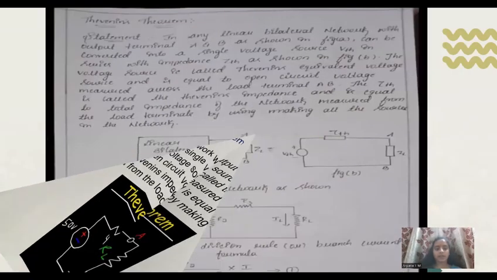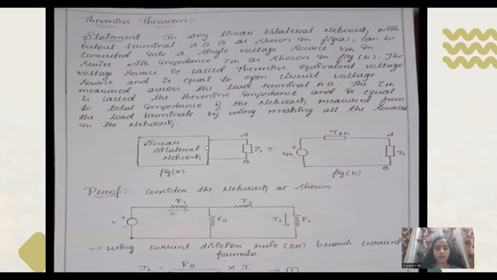As we can observe on this page, there are two figures, figure A as well as figure B. The statement represents that any bilateral network with output terminals, which in figure A we name A and B, can be converted into a single voltage source VTH in series with the impedance ZTH, as we can observe in figure B. The VTH we call Thevenin's equivalent voltage source, and it is equal to the open circuit voltage.